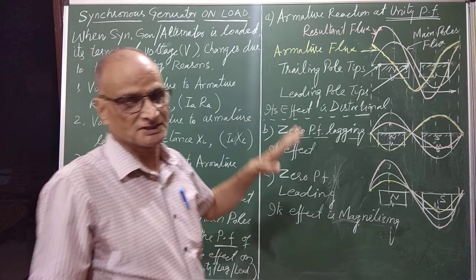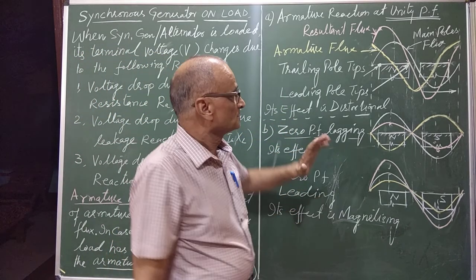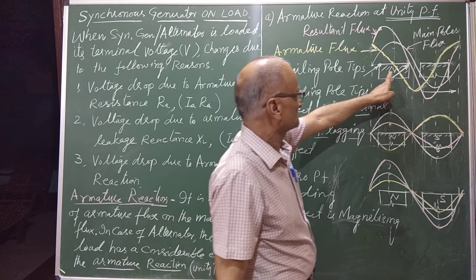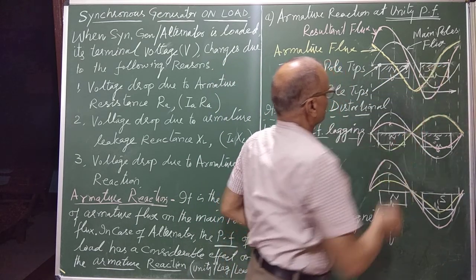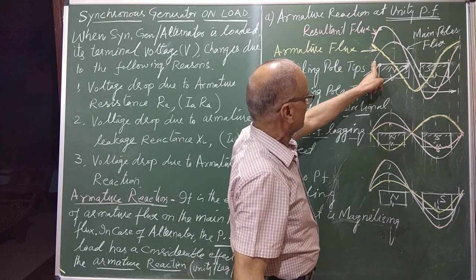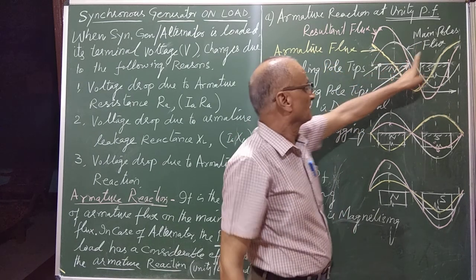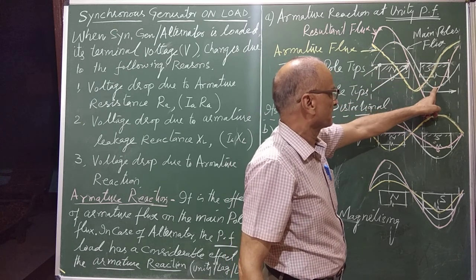Now armature action is the effect of armature flux on the main pole flux. So we will study the waveform of the fluxes. This is the north pole, this is the south pole, and this waveform is the main pole's flux. At the center of the north pole it is maximum, at the center of the south pole negative maximum.